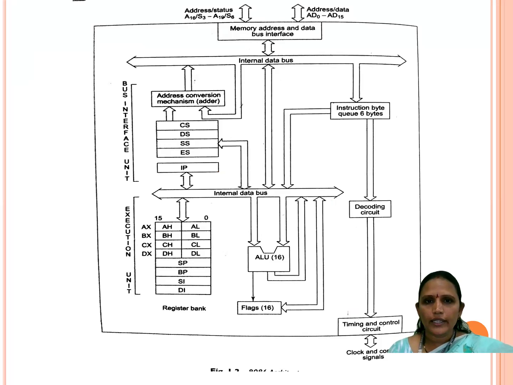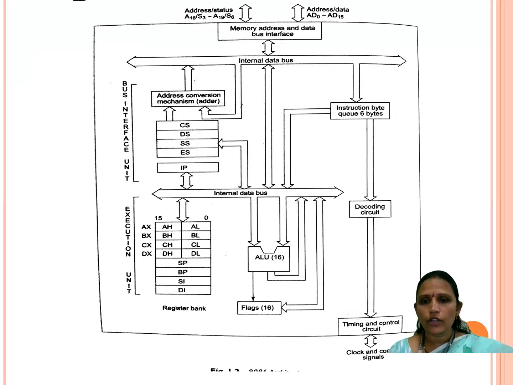So the 8086 architecture is divided into two parts, that is the bus interface unit and the execution unit. The main aim of the 8086 processor is to fetch the instructions, decode the instructions, and execute the instructions. The bus interface unit fetches the instruction.